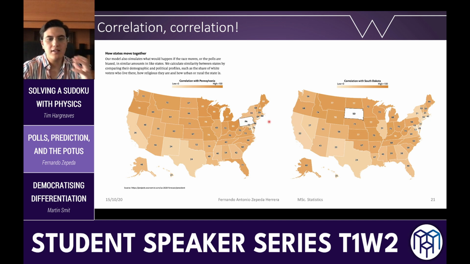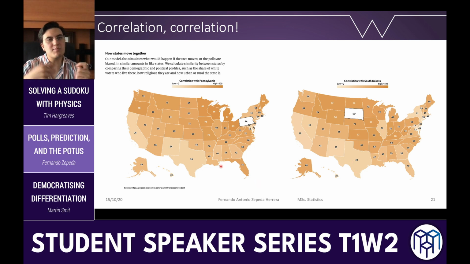So the idea here is that Pennsylvania is probably more similar in its political developments to other states close by than to California or Texas, or even some non-geographically related states like Florida. And similarly, South Dakota is way more similar to the neighboring states than to Georgia, the Deep South, or Texas.